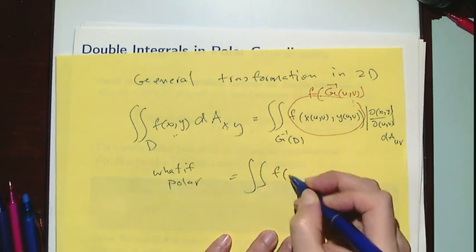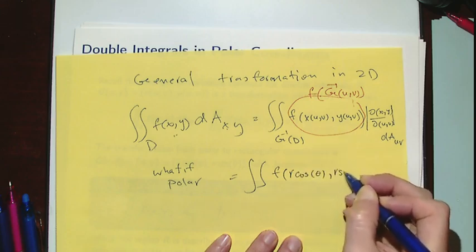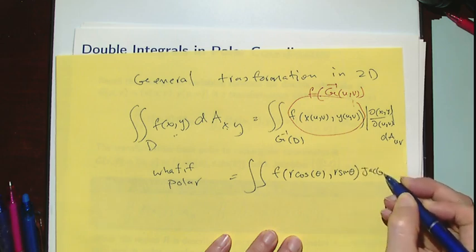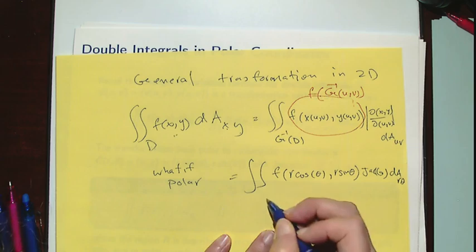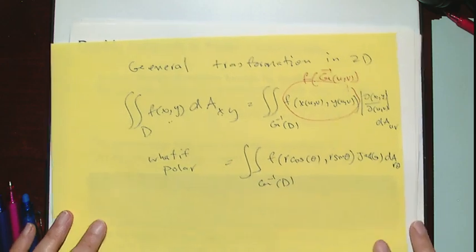Then you will have f of r cosine theta and r sine theta. And then you will have a Jacobian of g here. Then dA of r and theta, over g inverse of D.